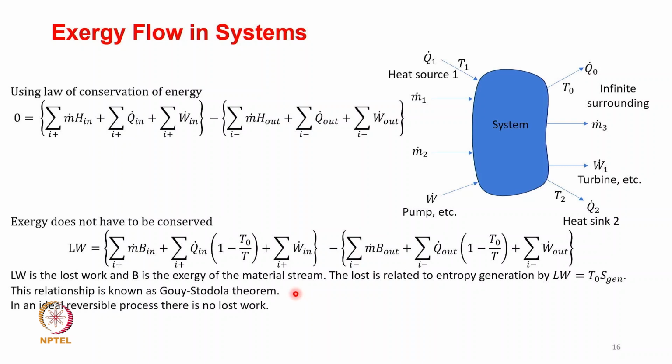The loss is related to the entropy generation: LW is equal to T naught times S generated. This calculation is called the Gouy-Stodola theorem or expression. In an ideal reversible process, there is no loss of work, so your left hand side would be equal to the right hand side, but that is not the case in a true process. Eventually you would end up having certain losses.